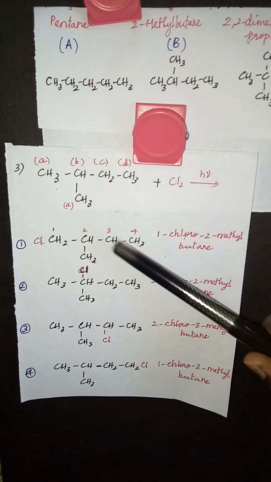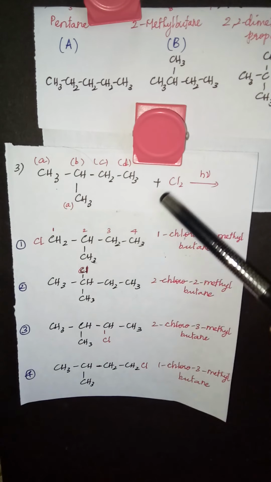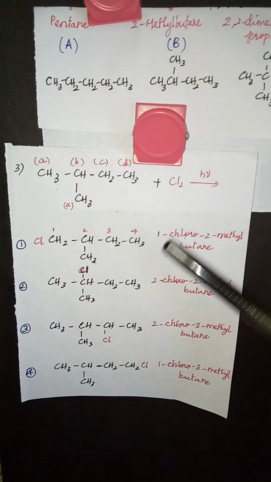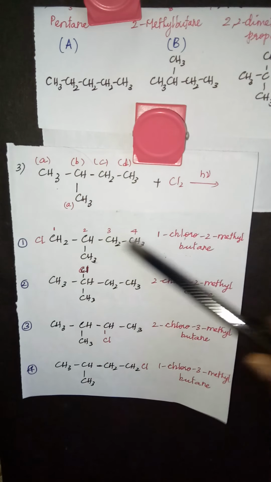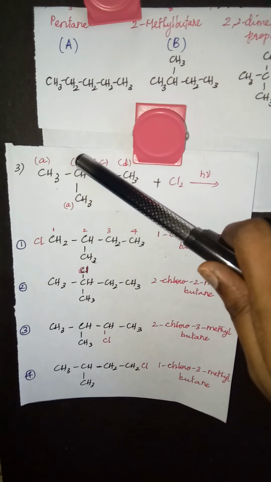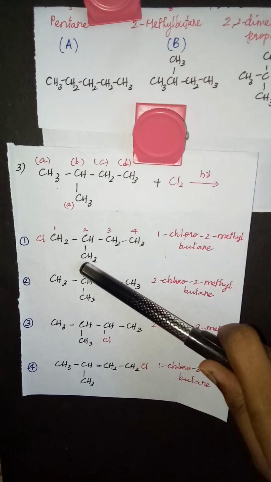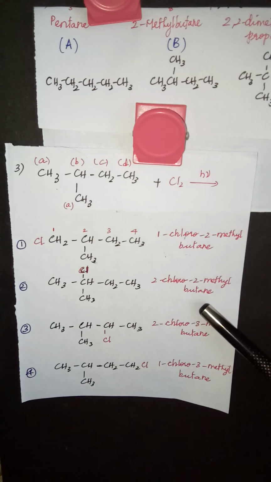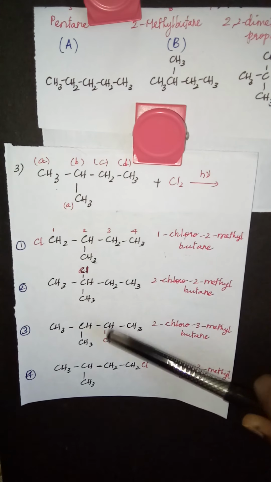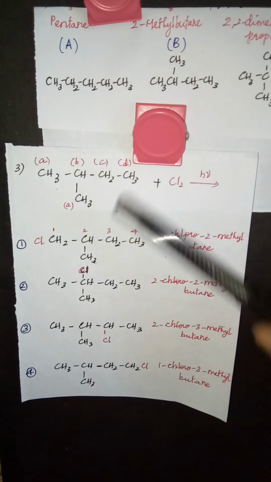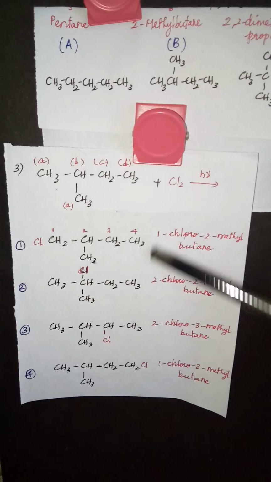So in the first product, I am replacing this hydrogen with chlorine when I treat it with chlorine in the presence of UV light. So I get 1-chloro-2-methyl butane. And in the second possibility, I am replacing this hydrogen with chlorine. So I get 2-chloro-2-methyl butane. And in the third possibility, I am replacing this hydrogen with chlorine. And in the fourth, I am replacing this hydrogen with chlorine. So I get 4 different products.